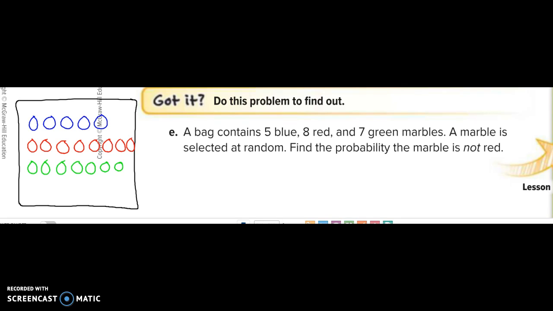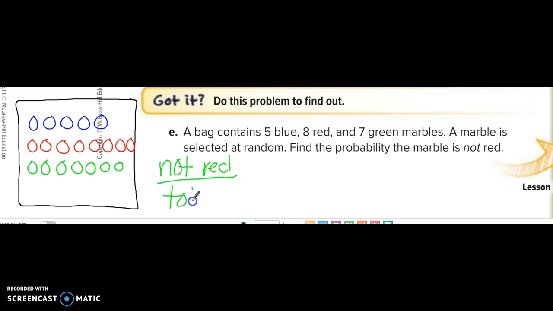Okay, so in Got It, E, it asks you, a bag contains 5 blue, 8 red, and 7 green marbles. A marble is selected at random. We need to find the probability that the marble is not red. So you can see over here to the side, I drew out my bag of 5 blue, 8 red, and 7 green marbles. And our favorable outcome this time is not red.